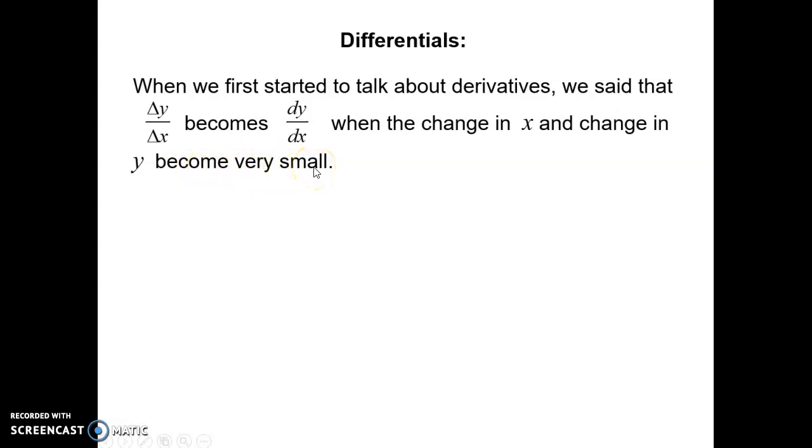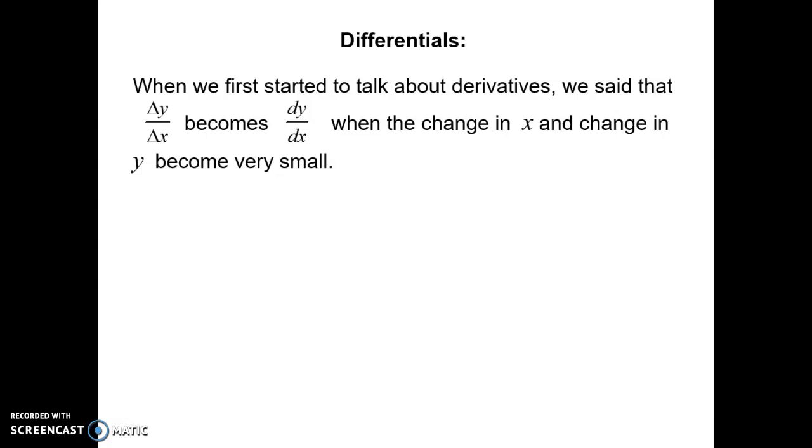Now, Leibniz and Newton on purpose let this be a little bit ambiguous because a very small change is all relative to what we're talking about. For instance, if we're talking about miles in outer space, 1,000,000 miles might actually be a very small change in x when we're talking about multiple millions of miles in space.